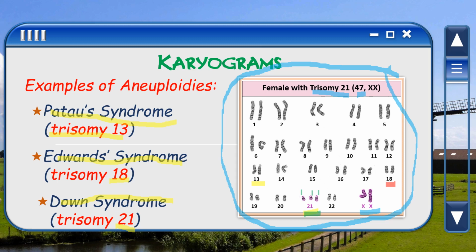So this individual has one extra chromosome, and that is what we refer to as trisomy, taking place on chromosome number 21. They are supposed to be homologous chromosomes, 2 pairs, but now they are 3 chromosomes together.